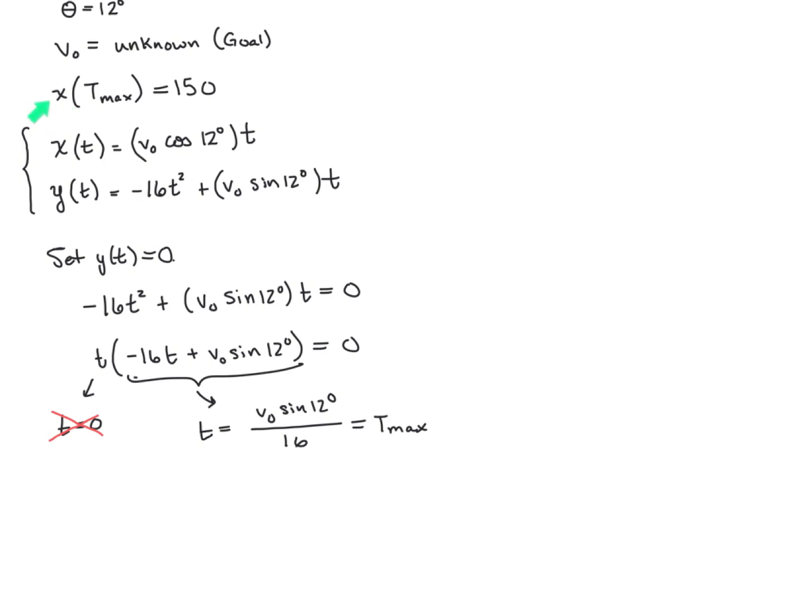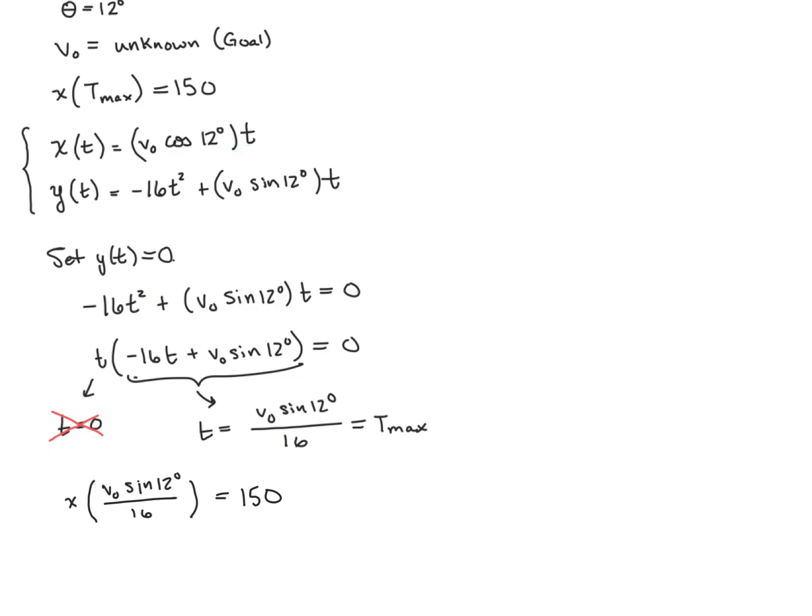Now we can use the fact that x evaluated at that time is 150. So x evaluated at v naught sine of 12 degrees over 16 should equal 150. But that means that we're plugging that value in for t.